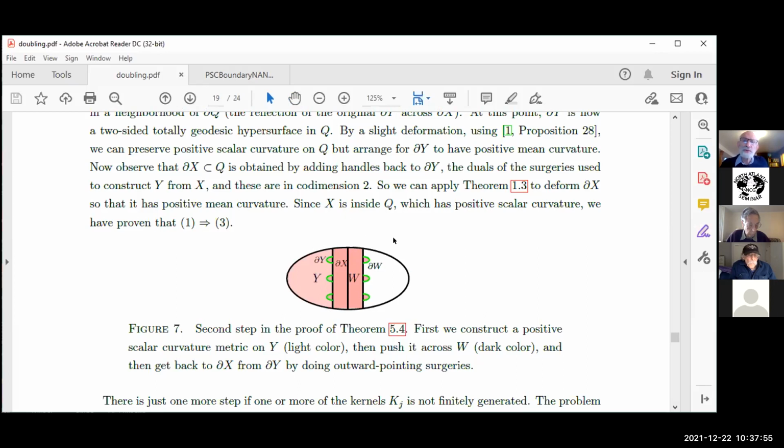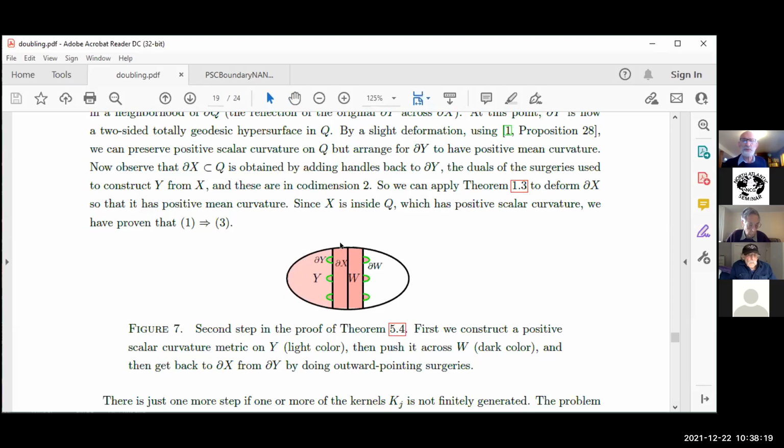So now you've constructed a metric on something a little bit bigger than X that has positive mean curvature. So that has product type boundary conditions over here.